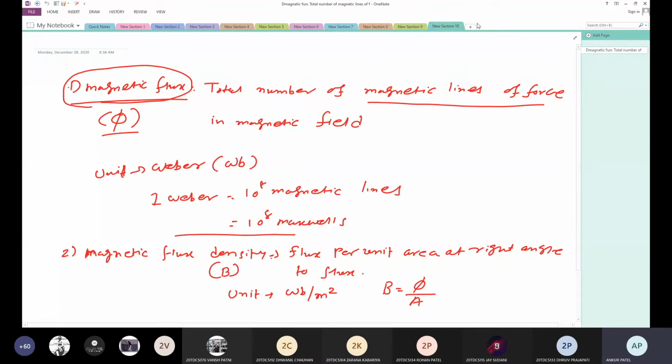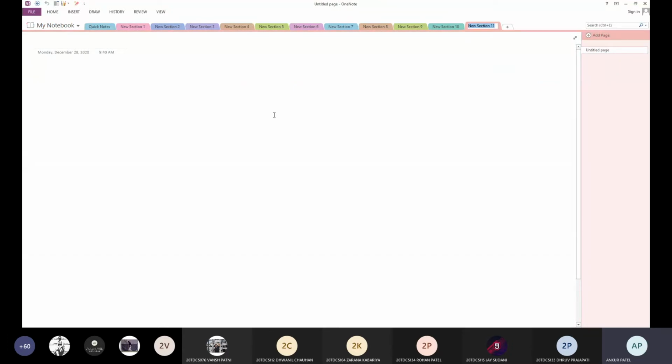Then we have MMF. Third is magnetomotive force.